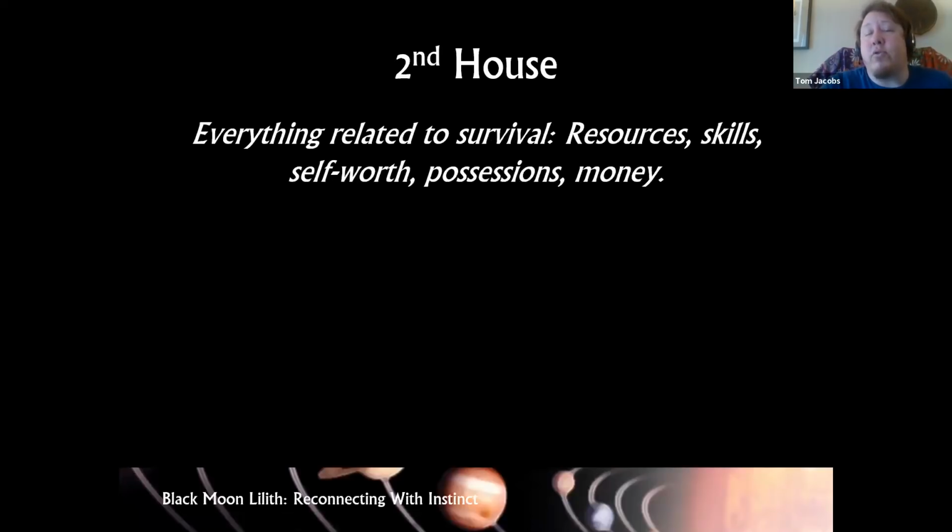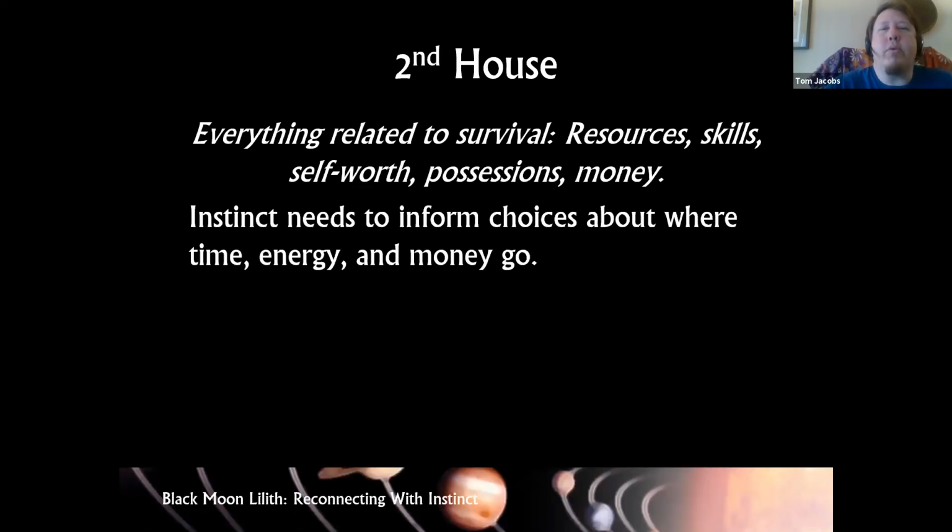I also think of it strongly in terms of value system. What really matters to me will determine what resources and skills I gather, my values, how I want to live. So in this house, instinct needs to inform choices about where time, energy, and money go. These three things are resources. Your attention, what you put energy into.